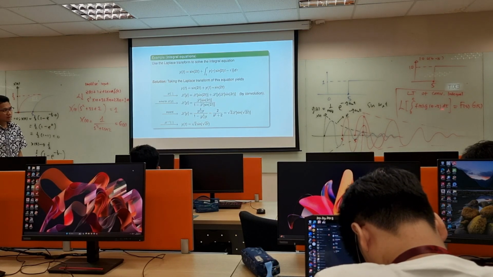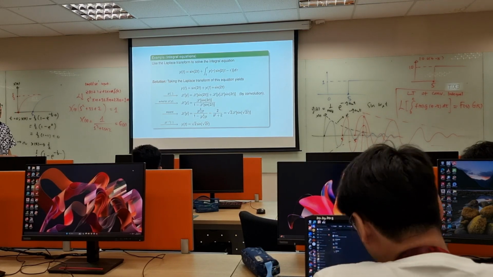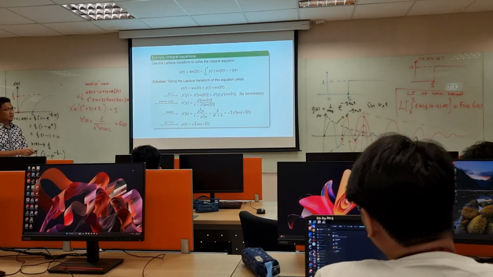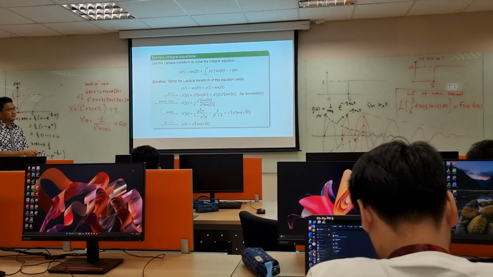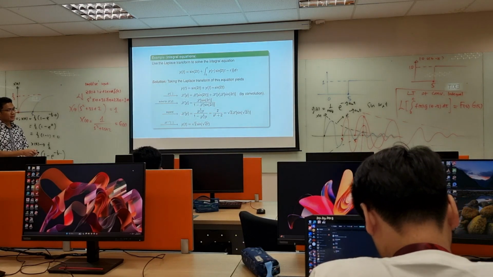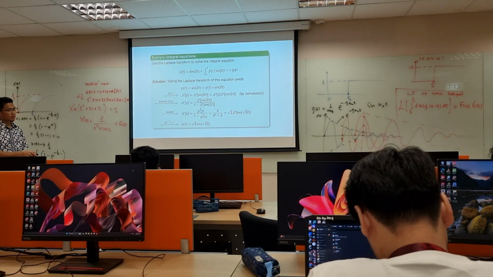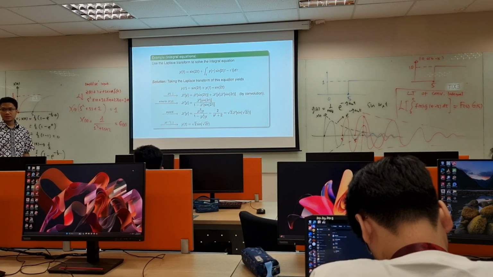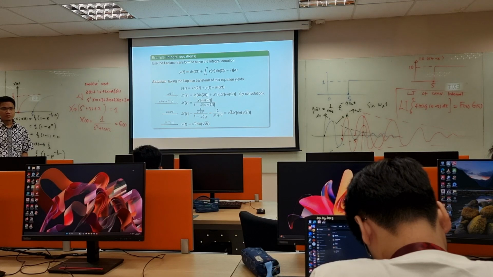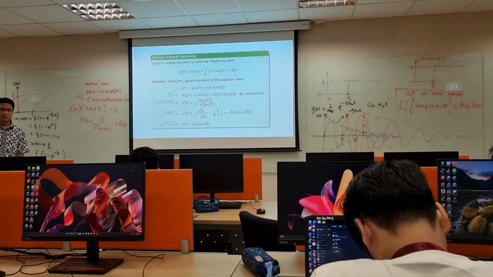If we solve for Y, we get this. After expanding, that's what we will get. This one is taken straight from the Laplace table. So this is how we use the convolution integral.